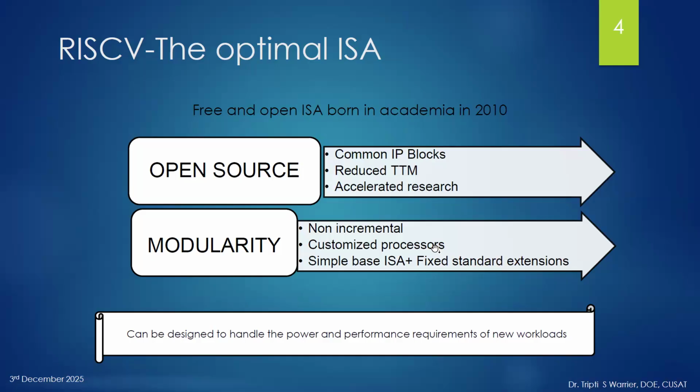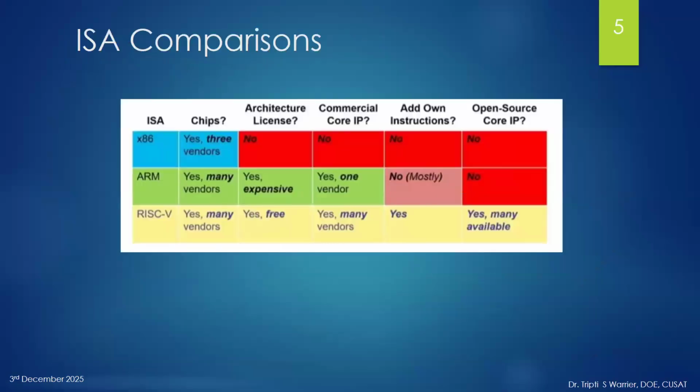We will see this in the next couple of slides. So you will be able to use the RISC-V ISA to design a processor ranging from a simple embedded processor to a high performance server. That is the advantage of using the RISC-V ISA.